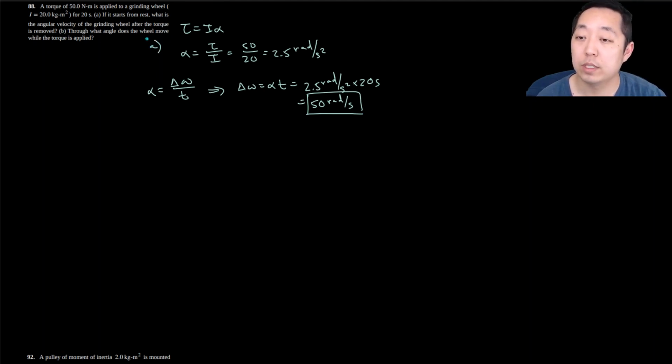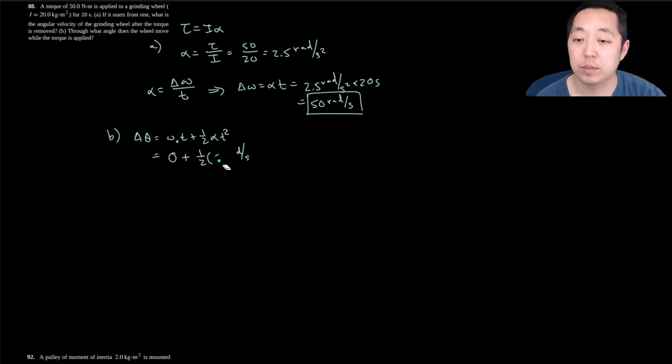Through what angle does the wheel move while the torque is applied? Here I'm going to have to use my kinematic equations. So its initial angular velocity was 0. Its angular acceleration we calculated was 2.5.